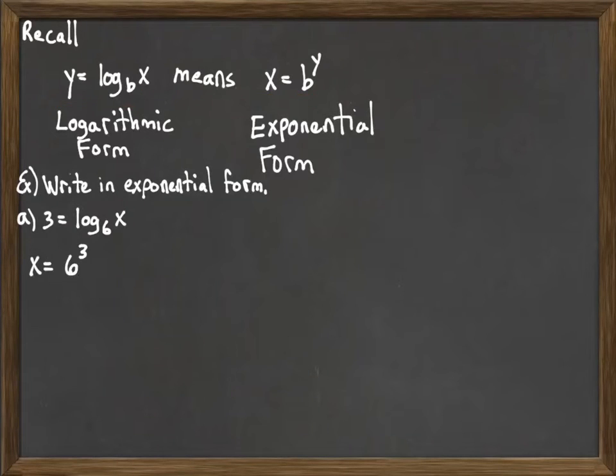So x equals 6, the base, raised to the other number, which is 3. And then x equals 6 to the third, that's something we can actually work out. What does x have to be? 6 to the third is 216.